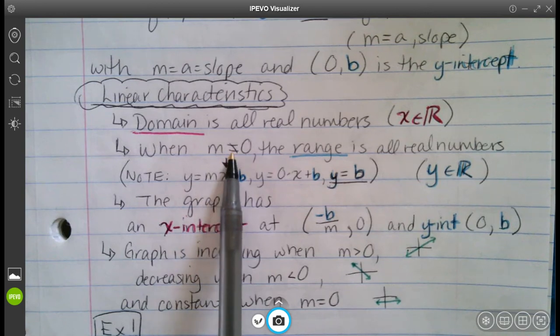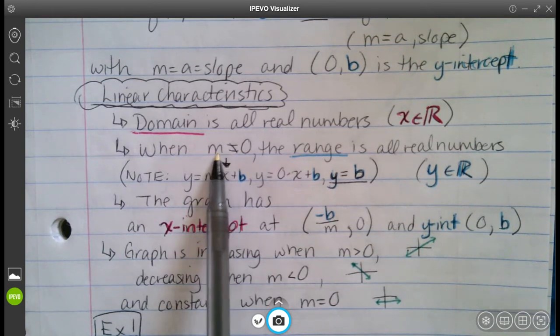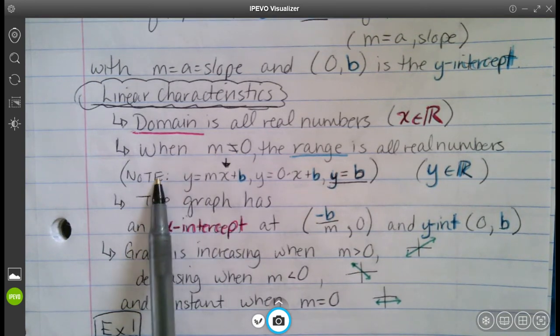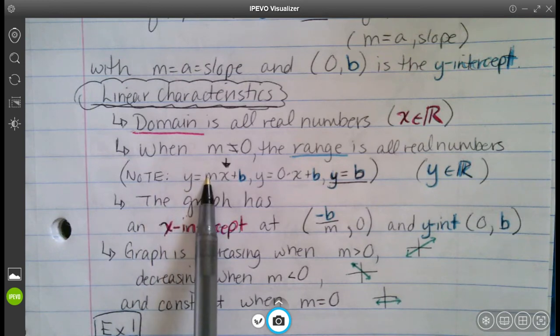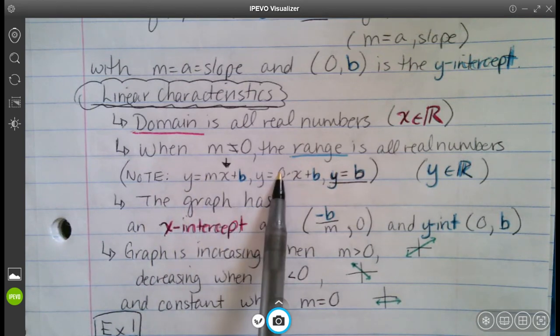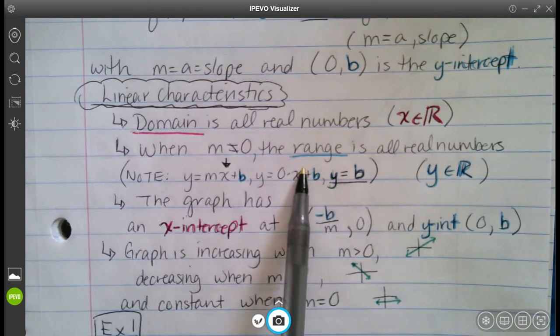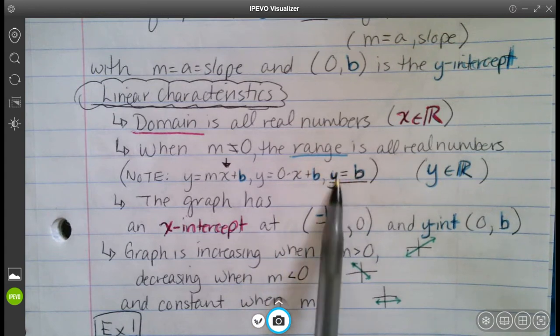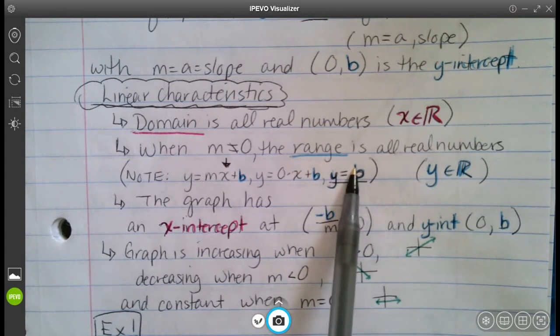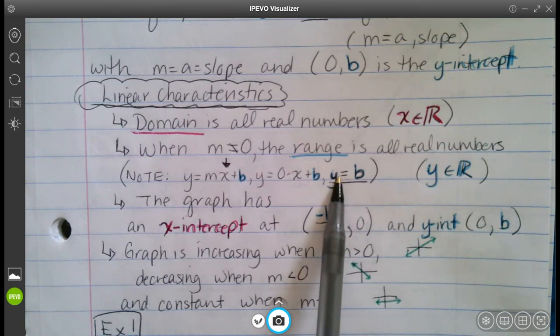So if m is not equal to 0, this works. If m is equal to 0, here's a note. If m were equal to 0, we would plug in a 0 here, and that would give you 0 times x plus b, which means this would be gone, and you would just have y equals b. So when this happens, your y is actually just one value, and we'll talk about that in a little bit.